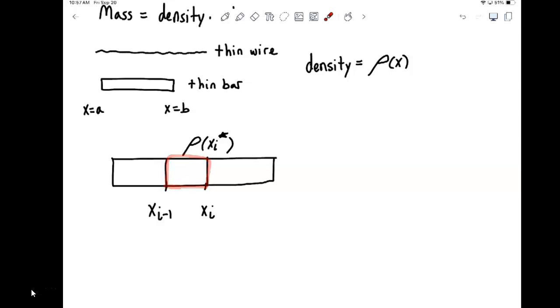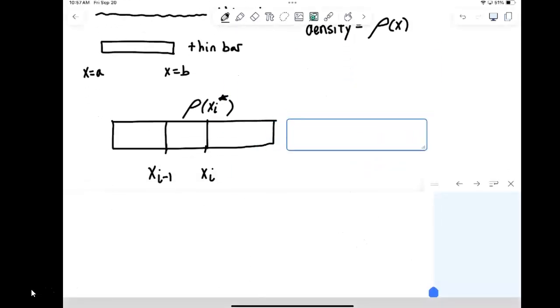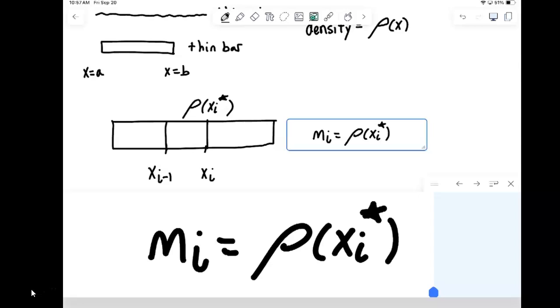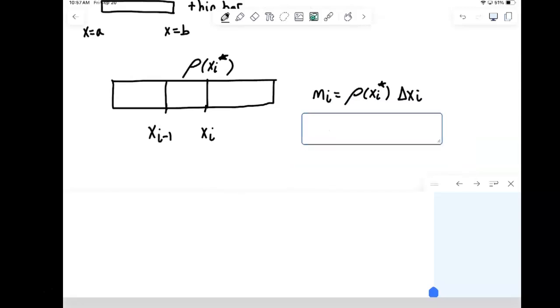How much of the wire are we using here? So our approximate mass for the ith subinterval would be our density function at x sub i star, which is just some point in the subinterval, times delta x, the width of the interval. All right, that's our mass step. And then we would add them all up.